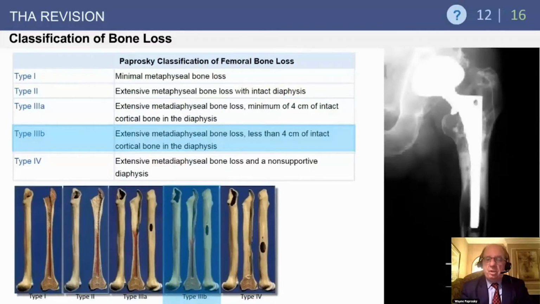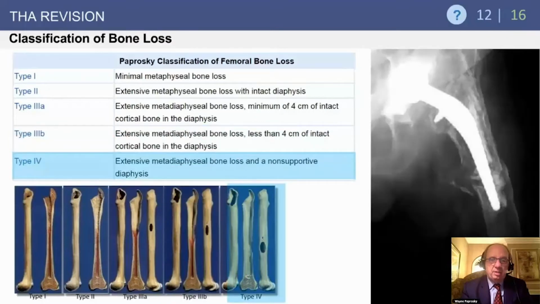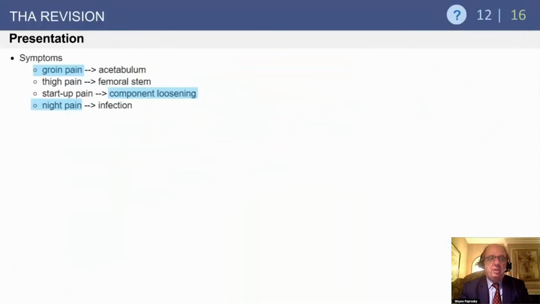Then 3B, further destruction of the diaphysis, but still some isthmus present, but less than 4 centimeters, so you can possibly get some implant to be stable. And then the type 4, complete diaphyseal and metaphyseal damage, and just a hollow tube, very difficult to get fixation. And that tells us that our implant selection changes as we go further down the femur.